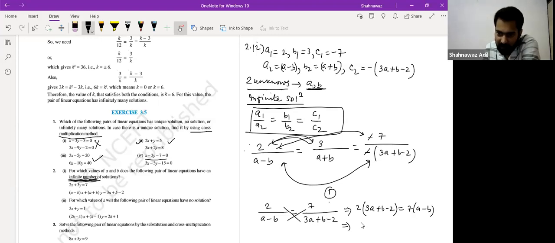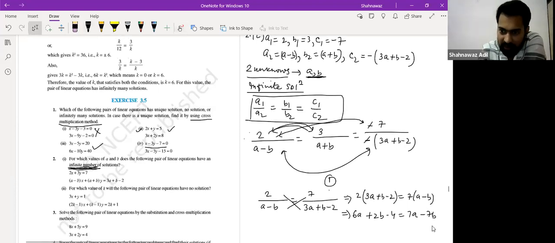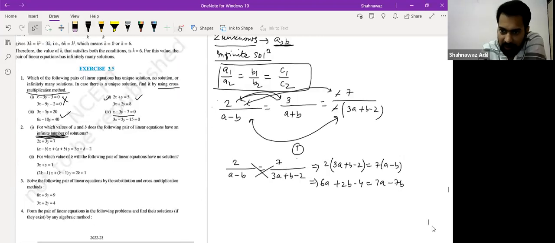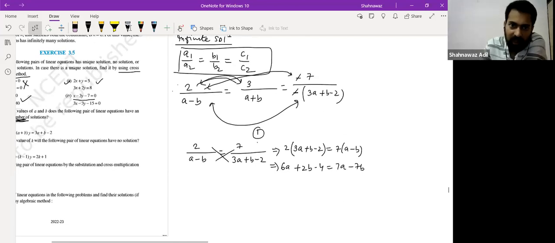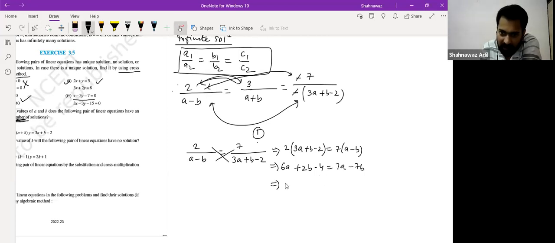So 6a plus 2b minus 4 is what? 7a minus 7b. So this becomes 6a minus 7a plus 2b plus 7b equals 4.